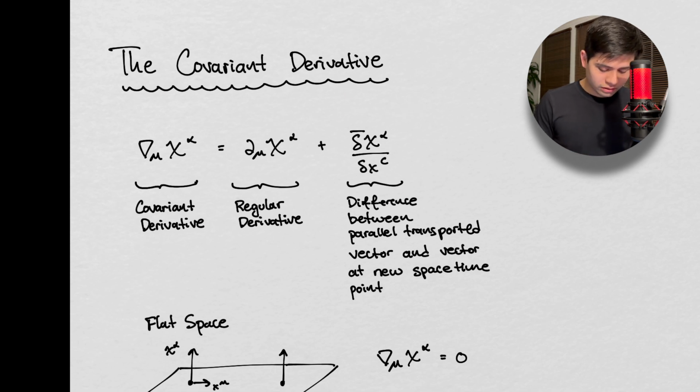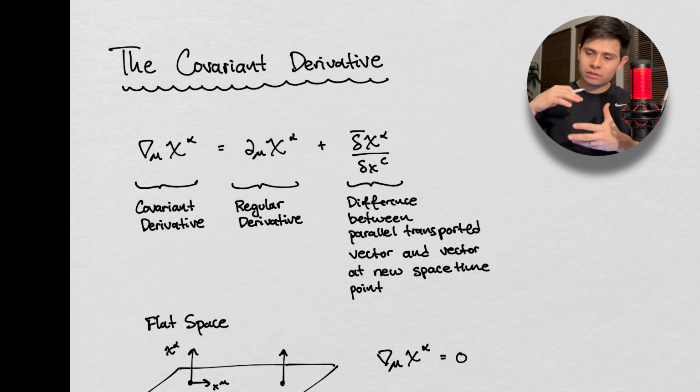But anyways, when we came across the covariant derivative initially, this is what we had found. We had found that this object here was a covariant derivative, and that was equal to a regular derivative of some vector, at some point in spacetime, plus some difference between the parallel transported vector and the vector at a new spacetime point.